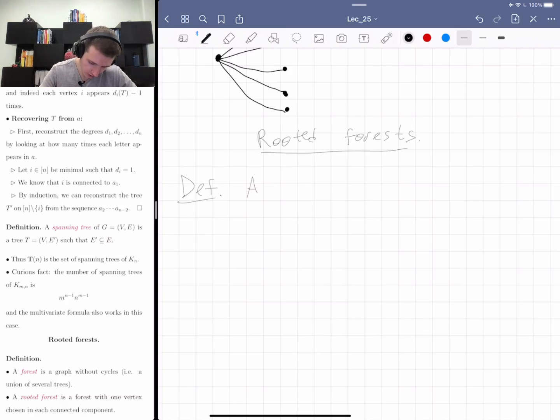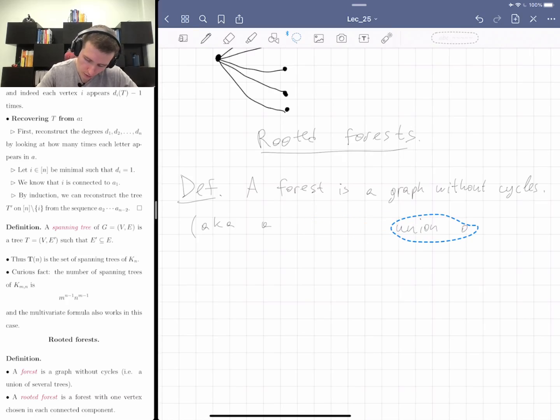The definition is motivated by real life: a forest is a union of trees. So it's just a graph without cycles, AKA a disconnected union of trees.